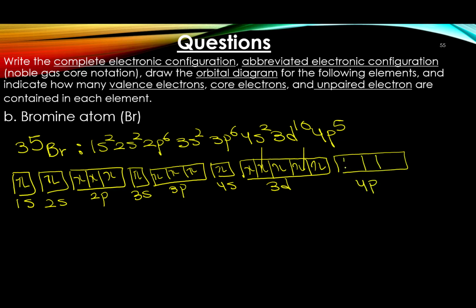Again, follow Hund's rule. 1, 2, 3, 4, and 5. Okay, this will be the orbital diagram for bromine, right?